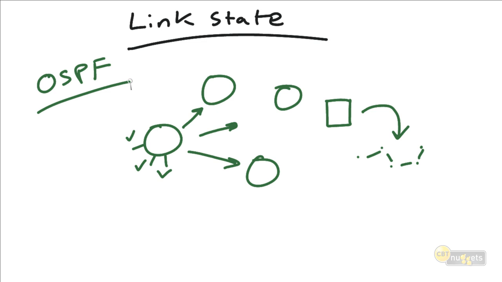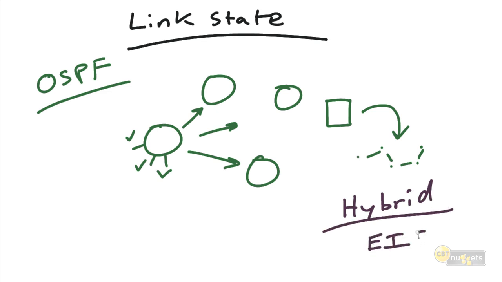Now, it is worth mentioning Cisco had to get really, really super creative on us, right? Yeah, Cisco had to create a new category called hybrid. And a hybrid routing protocol, there's only one of them, and that is EIGRP.